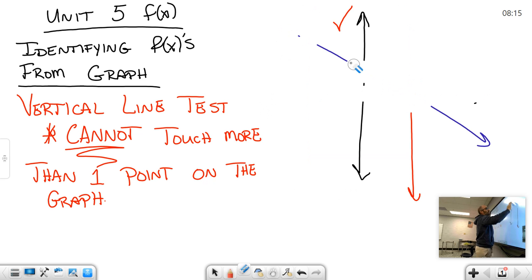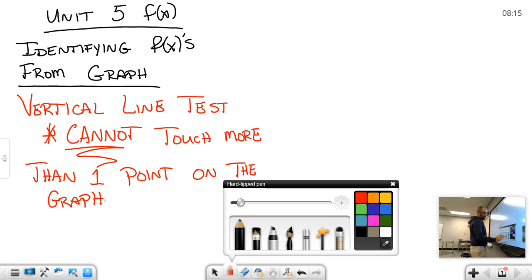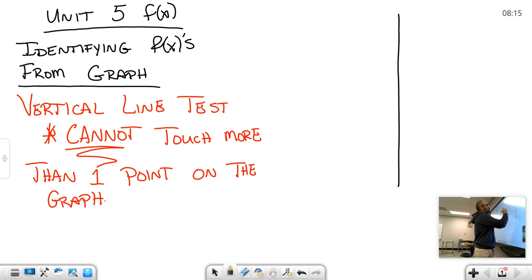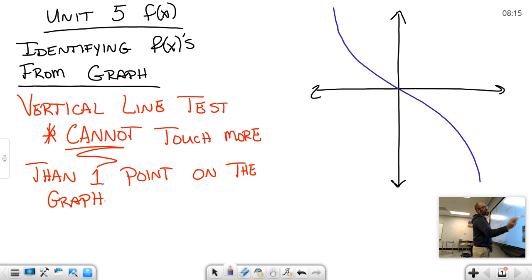Let's get another graph. So we're going to determine if this is or is not a function. Let's say I have this graph. We're going to use our vertical line test to determine if this is or is not a function.